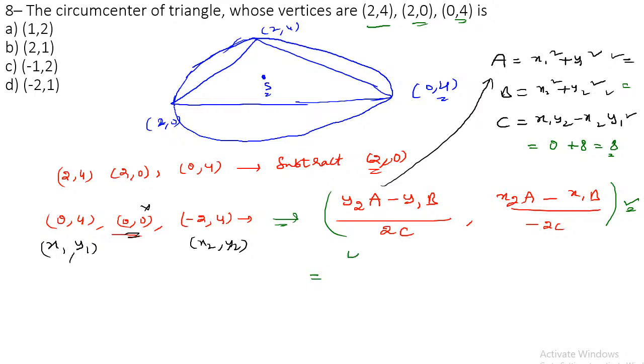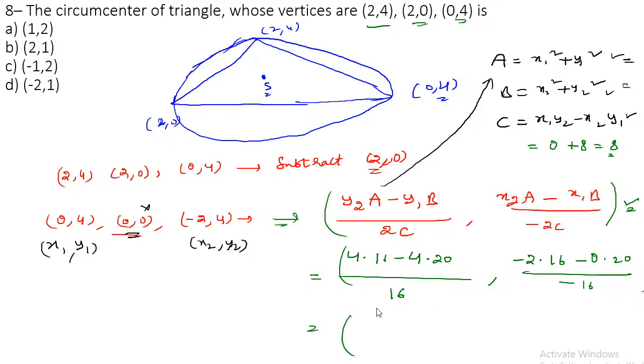So y2 is 4 into a is 16 minus y1 is 4 into 20 by 2 into c. C is 8, so this is 16. x2 is minus 2 into a, 16 minus x1 is 0 into 20 by minus 16.